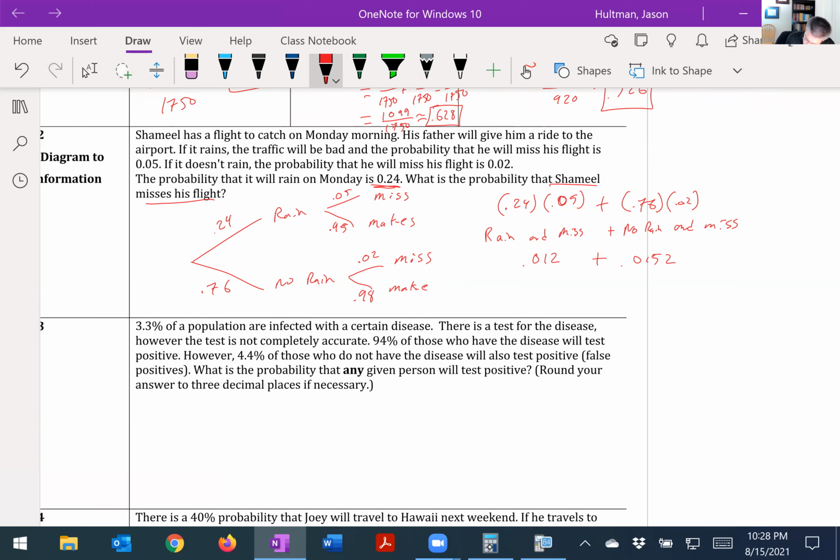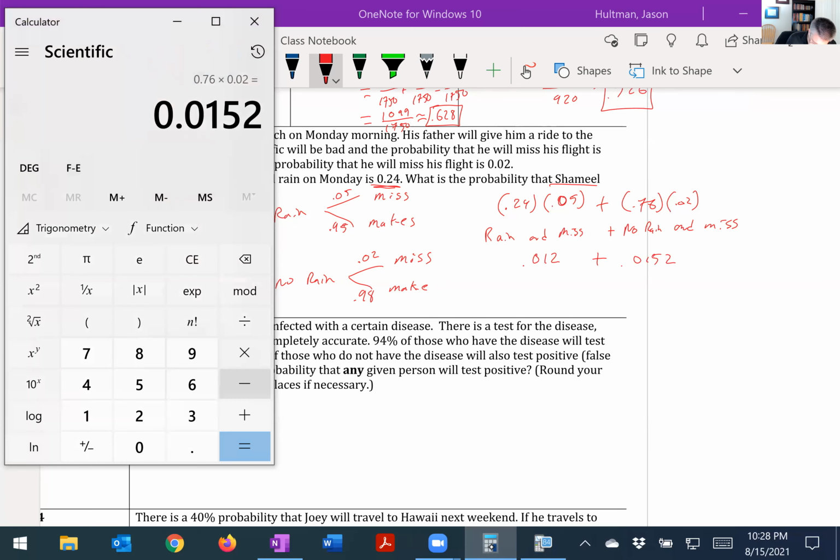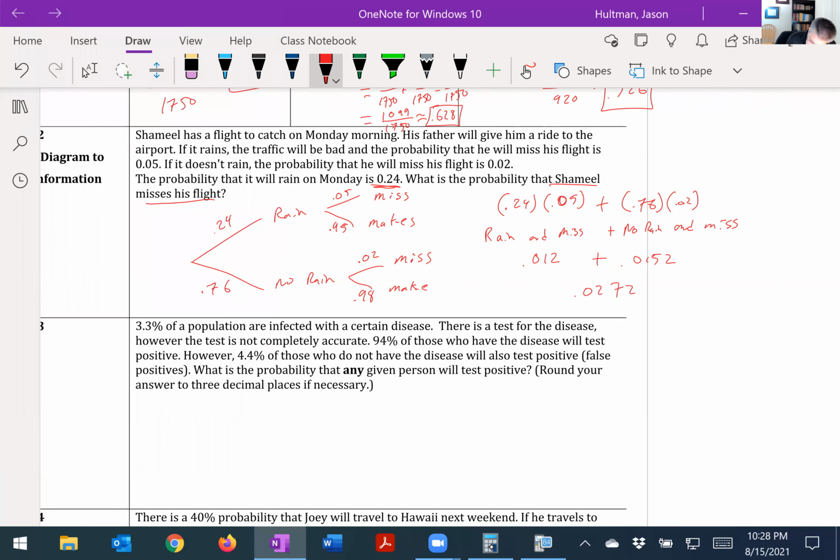And if I add these together, 0.0152 plus 0.012 is 0.0272. That's the total probability. This is the probability of him missing his flight.